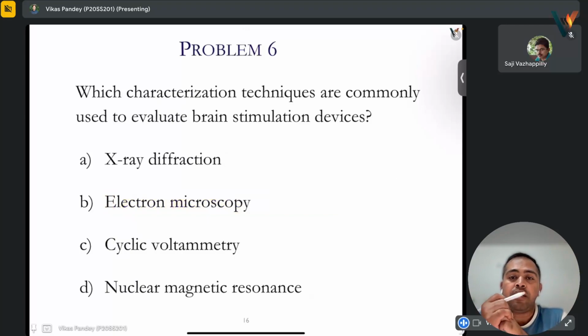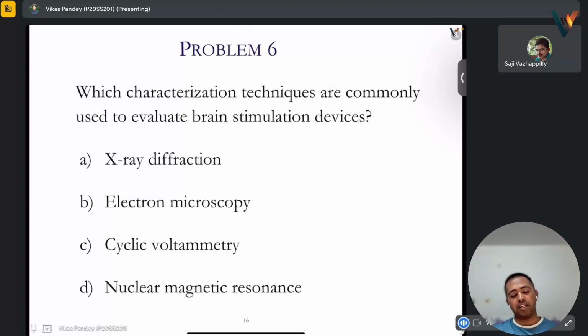Which characterization techniques are commonly used to evaluate brain stimulating devices? X-ray diffraction, electron microscopy, cyclic voltammetry, nuclear magnetic resonance. Yeah, we have made the device, but as I said, we are not going to directly put it into someone's brain.